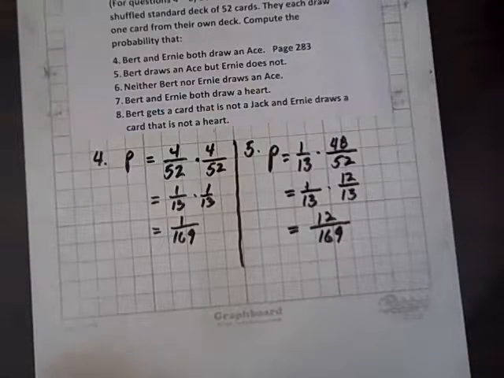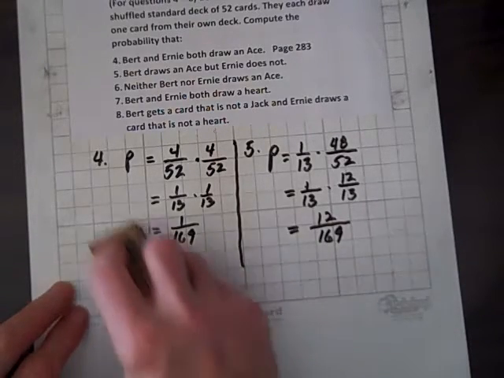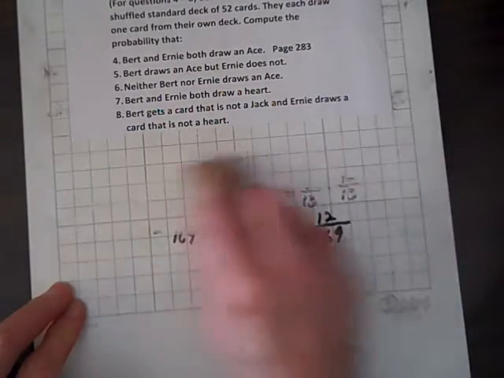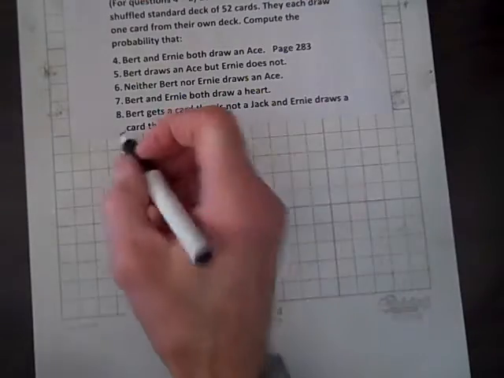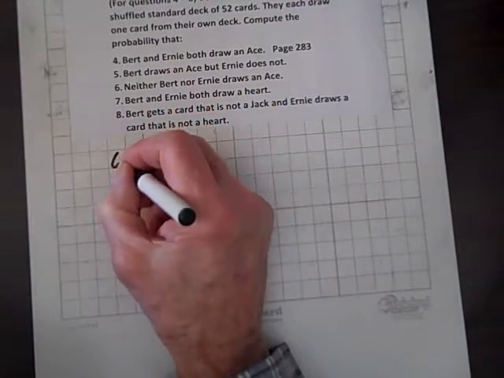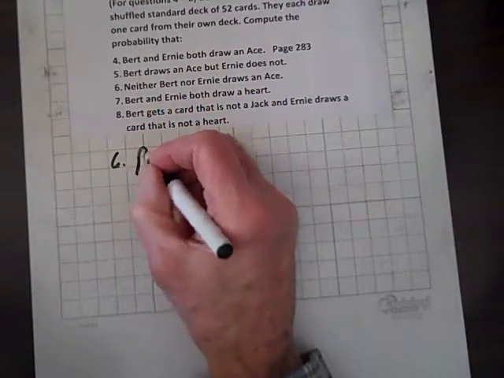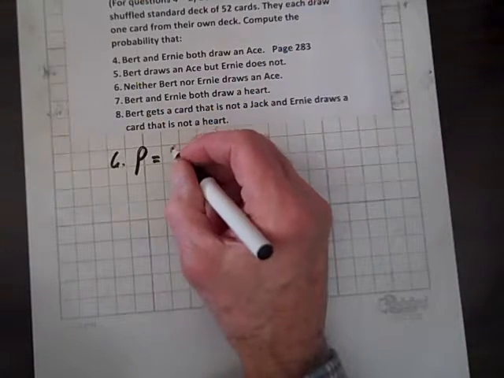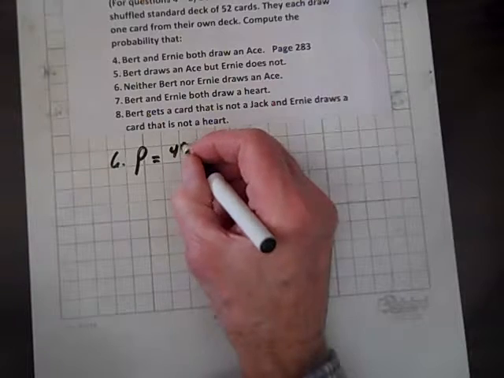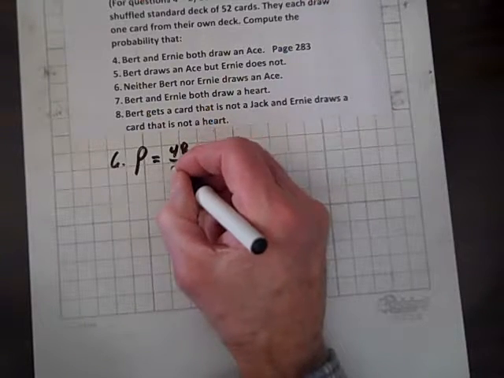Now, let's go on to question 6. Neither Bert nor Ernie draws an ace. Well, if neither one of them draws an ace, then there are 48 cards in the deck that are not aces.